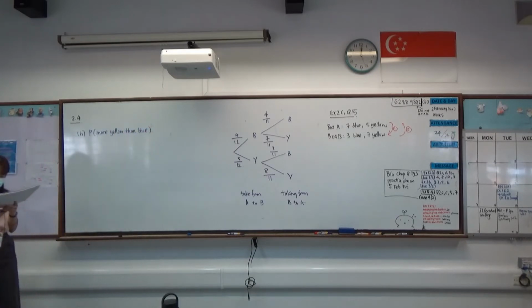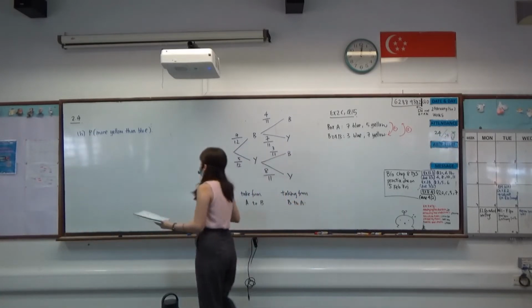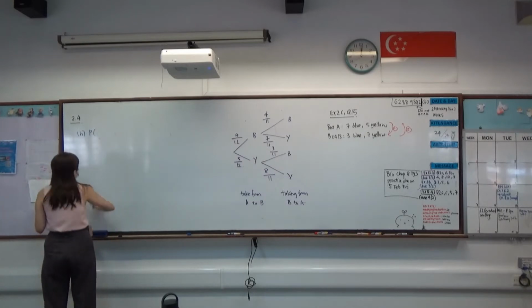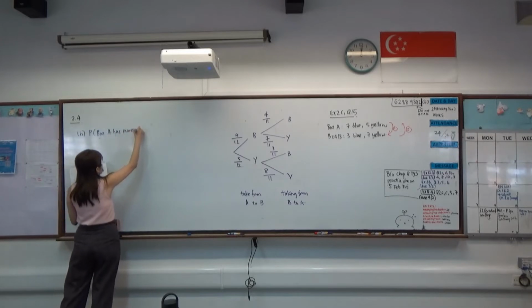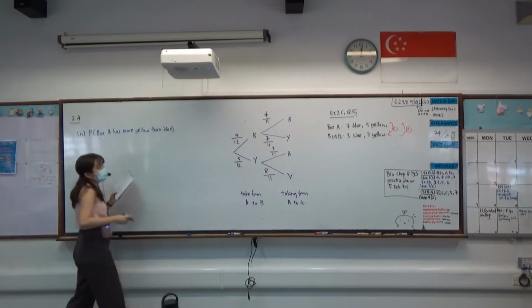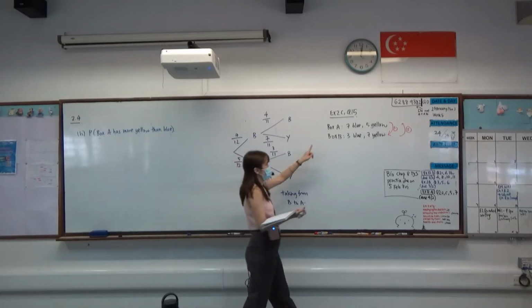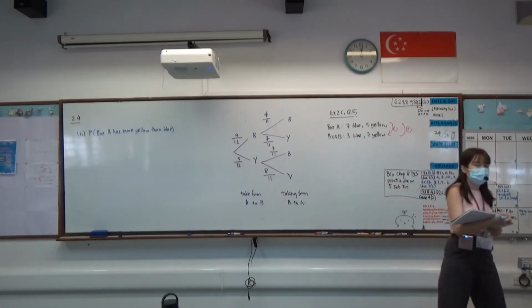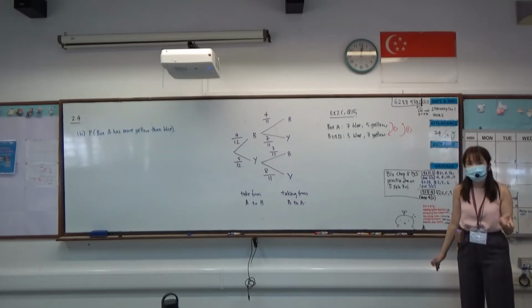In B part I, we want to find the probability that at the end, box A has more yellow balls than blue balls. We are solely looking at box A, right? Box A started off with 7 blue and 5 yellow. Will there be a case where they end up having more yellow than blue?